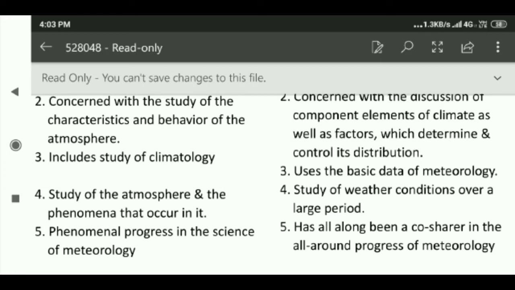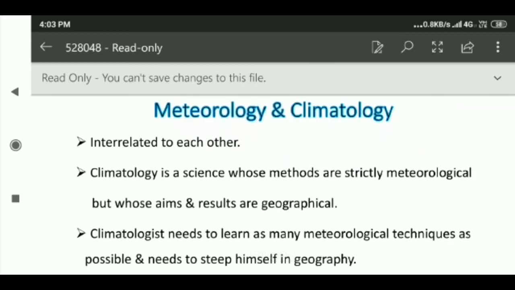Study of climatology and its results are of great use to the meteorologist, particularly in weather prediction and in application of meteorology to problems in industry, agriculture, transport, architecture, biology and medicine. Climatology rests on meteorology, hence both are interrelated to each other.